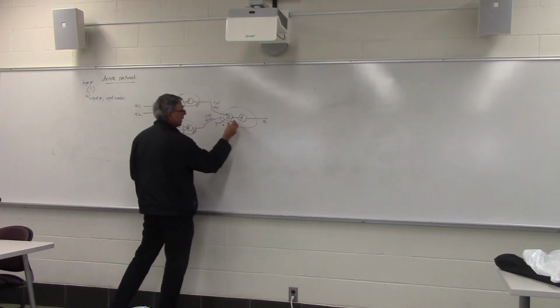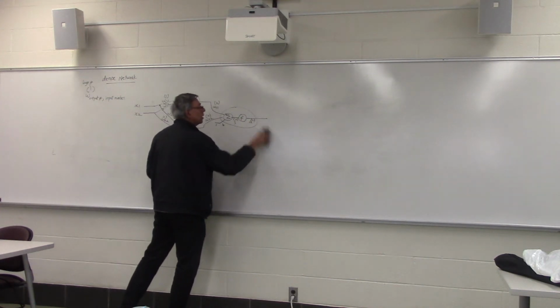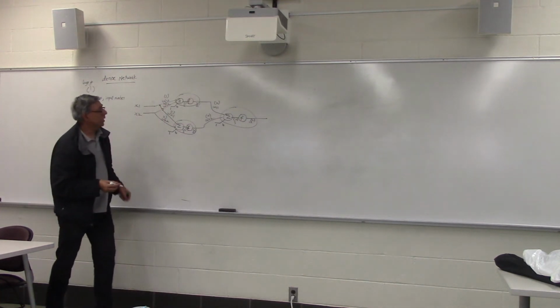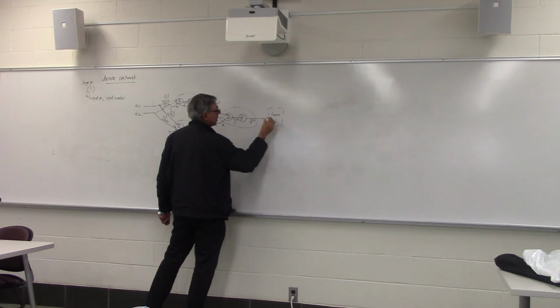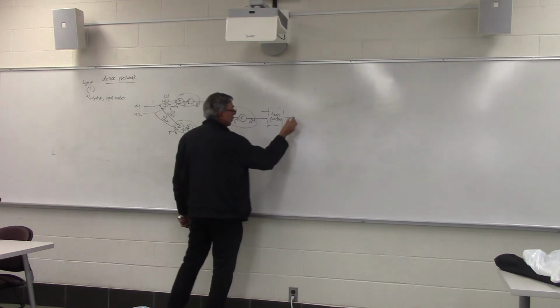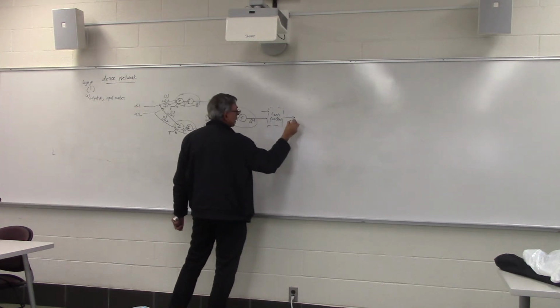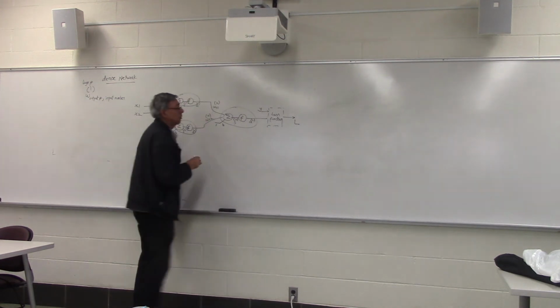This will be S2 and A2. Now we can put a loss function over here. This one will be the loss, and this one will be the expected output.